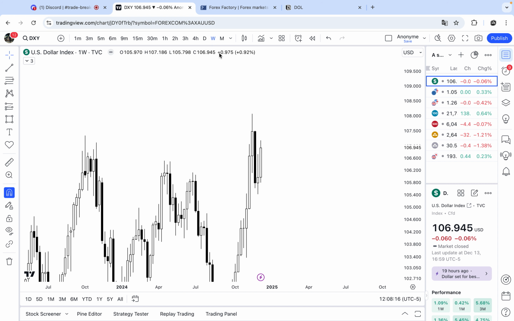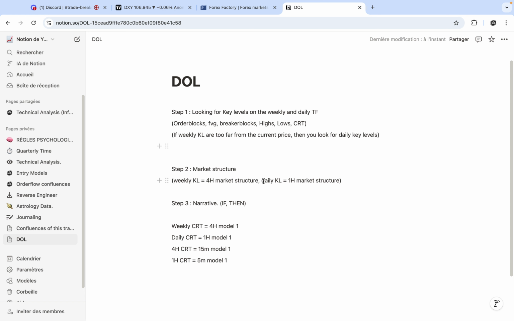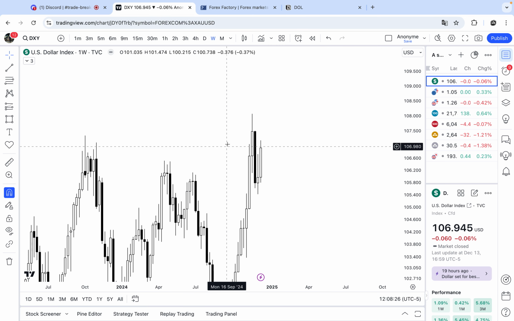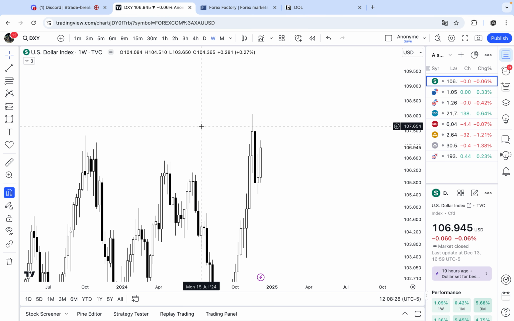This is a question for you guys: what key levels do you see here? CRT highs, lows, breaker blocks? What do you see here?